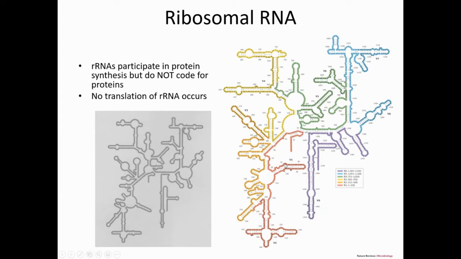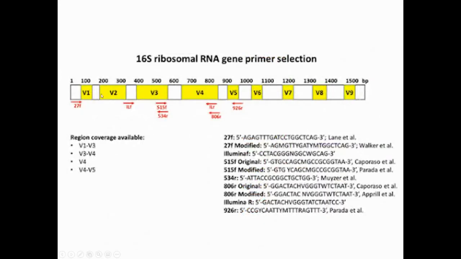As you can see here, we have V1, variable 1, variable 2, variable 7, variable 8, variable 6, 9. So this variable sequence, this 3 is here, 4 is here. These variable regions are basically the regions scientists use to determine bacteria.